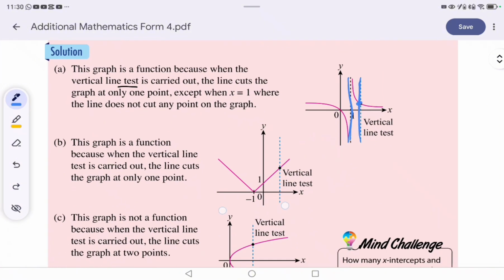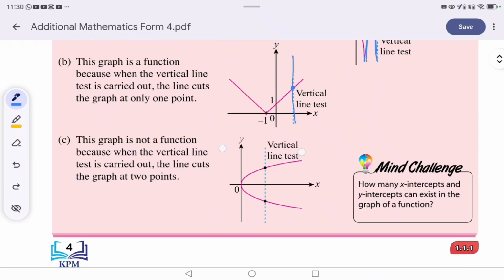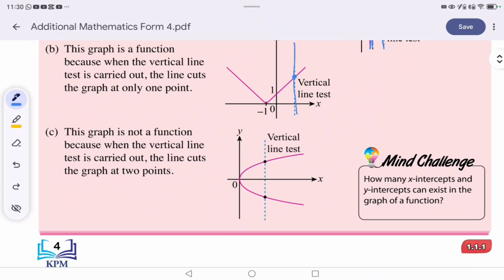Now we go to B. This graph is a function. Why? When you draw the vertical line over here, it cuts at one point, so consider this one is the function, because when the vertical line test is carried out, the line cuts the graph at only one point.